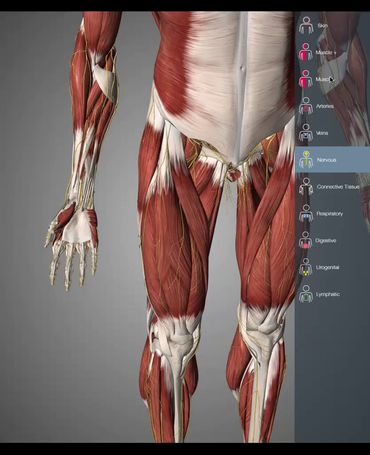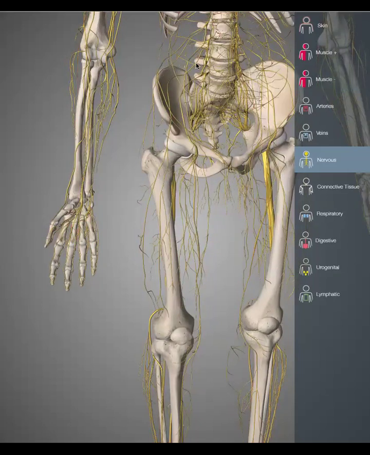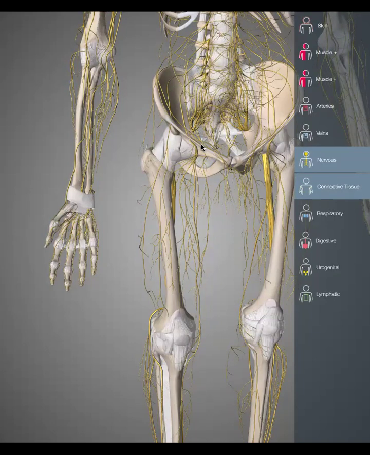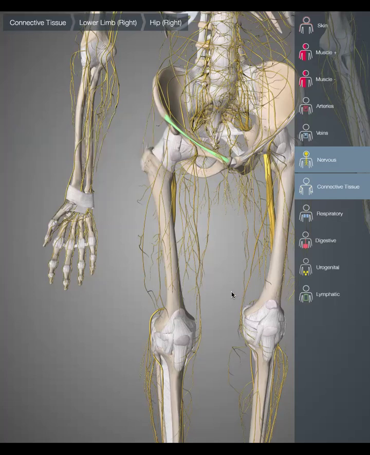And just to let you know, when you are saying your course, you go from near the lumbar region, travels inferiorly to the psoas major, passes underneath the connective tissue here, the inguinal ligament, to enter the femoral triangle, and the femoral nerve divides into anterior and posterior divisions.